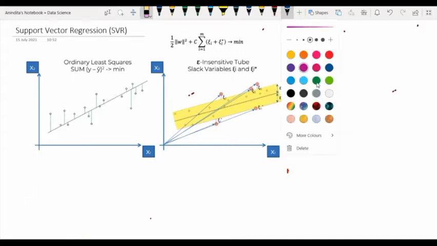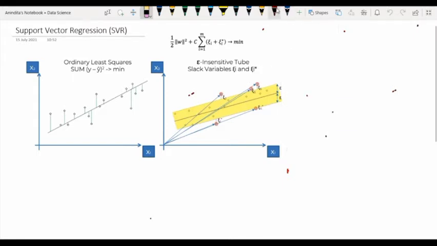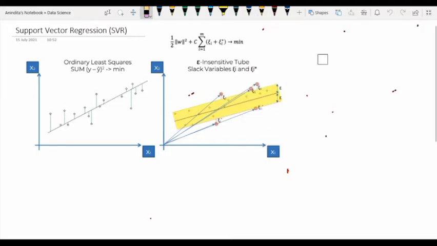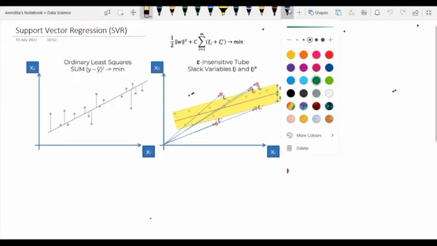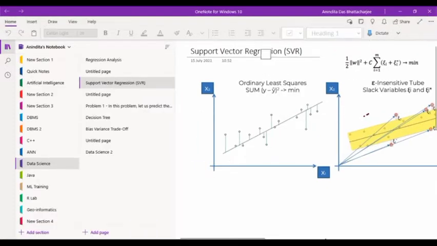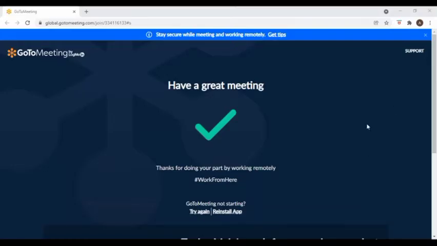So which one is the vector and which one is the support vector?